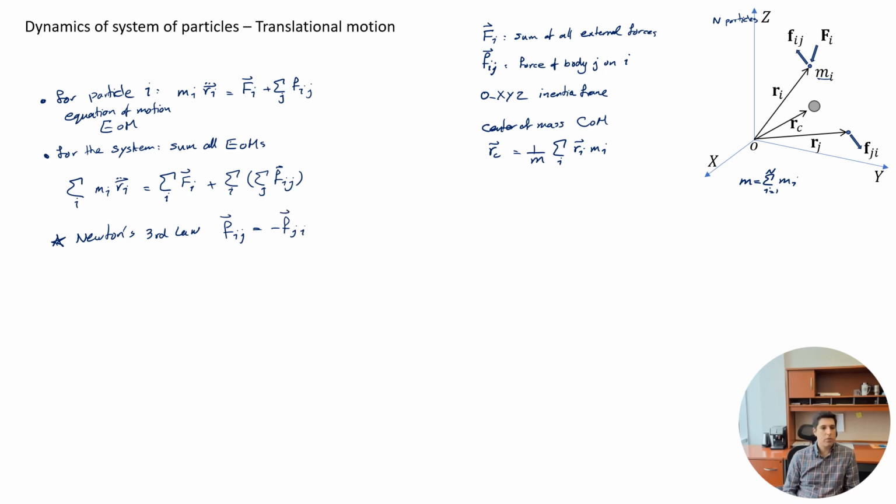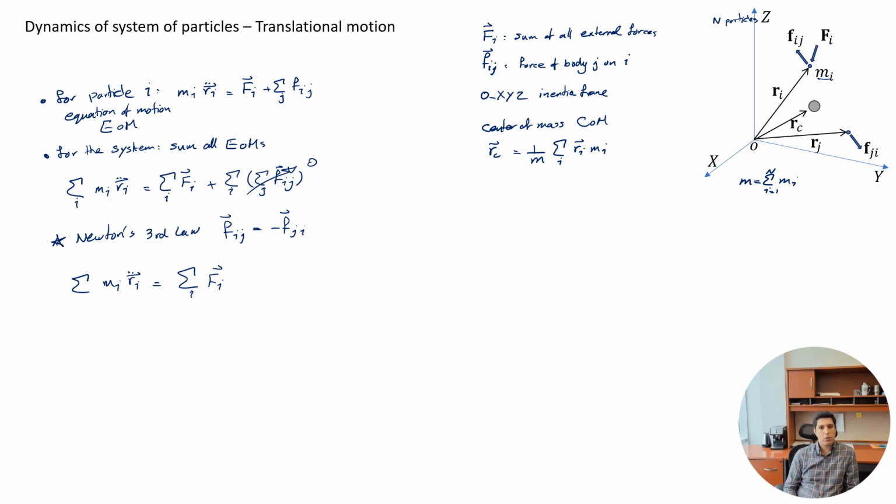So when I'm summing all these internal forces, there's always going to be some force that is cancelled out by the reaction of it. So this thing is actually 0, and what we are left with is the sum of mi ri double dot equals the sum of all external forces.